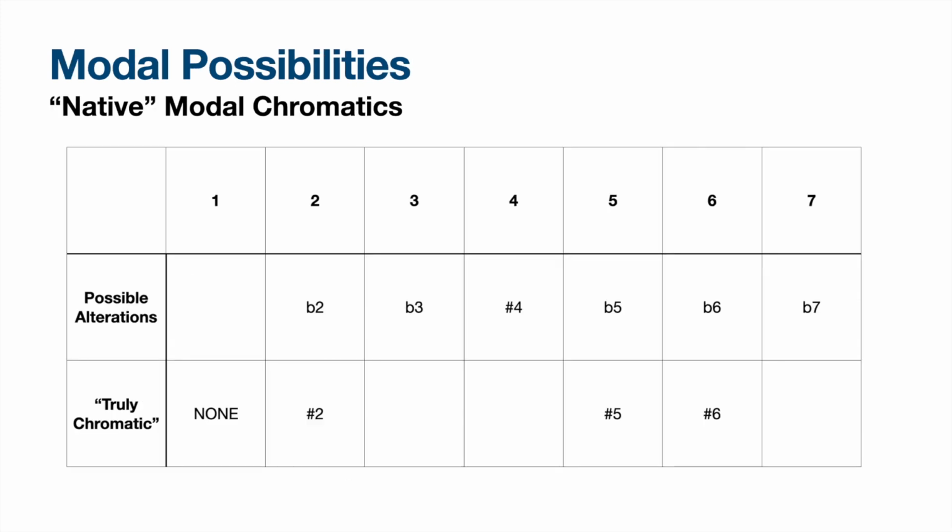So, modal alterations. Possible alterations of the scale from your quote-unquote major scale include flat 2, flat 3, sharp 4, flat 5, flat 6, flat 7. So if you see those as a functioning harmony, I've just added 1, 2, 3, 4, 5, 6 possible chromatics.